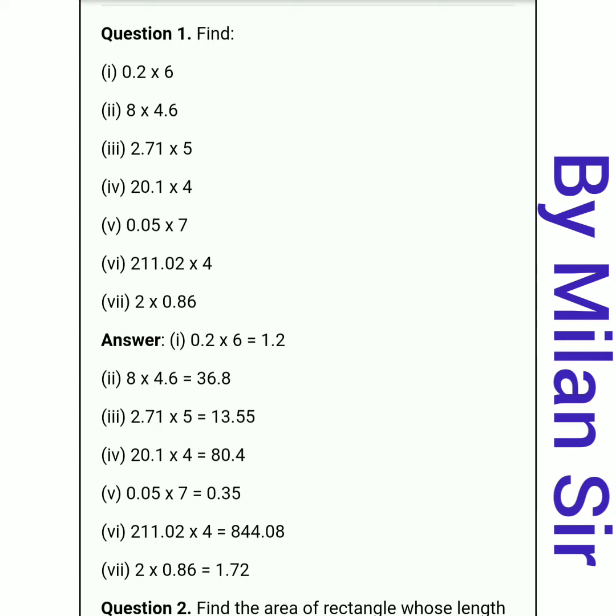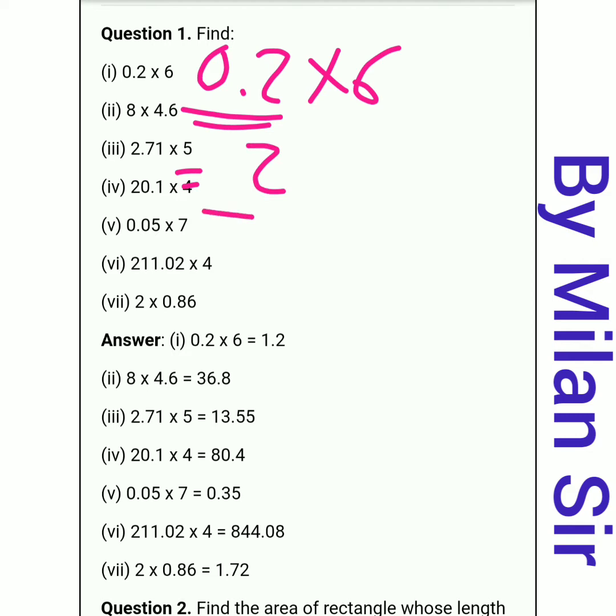Now what we need to do? Here, 0.2 multiply 6. This is our first question. We have a total of two ways. First way: convert this decimal number into a fraction. Ignore the decimal point and just write down 2, because 0.2 means 2 only. Now after the decimal point, how many digits are present?